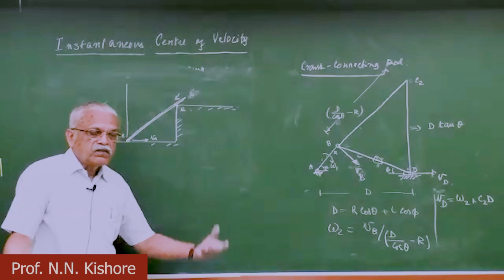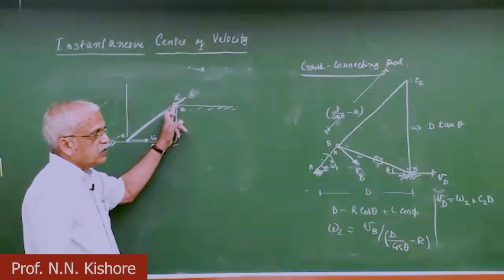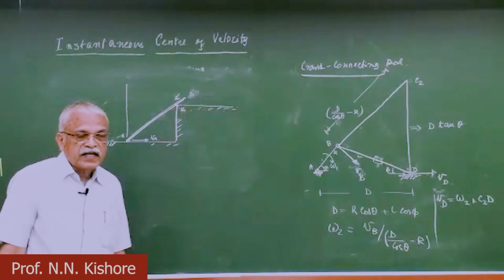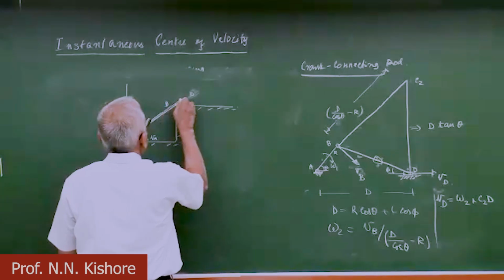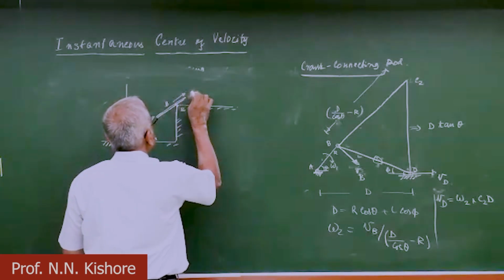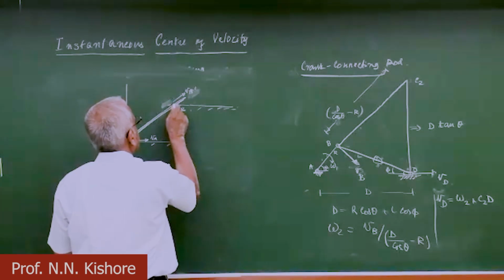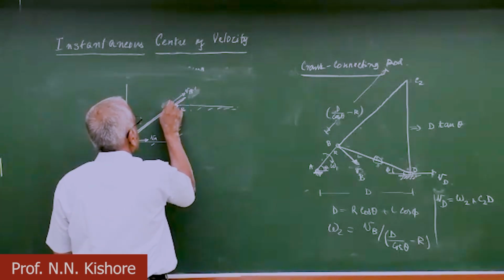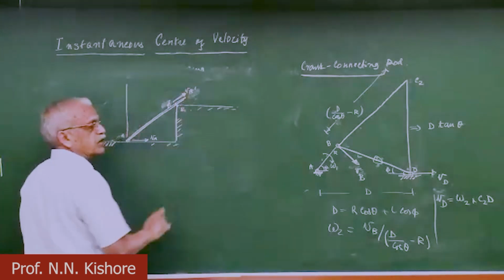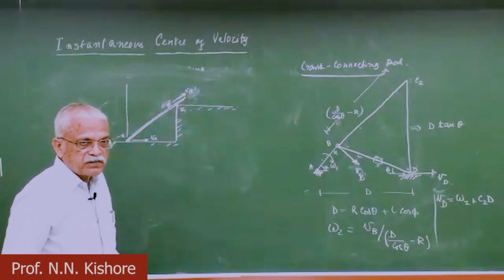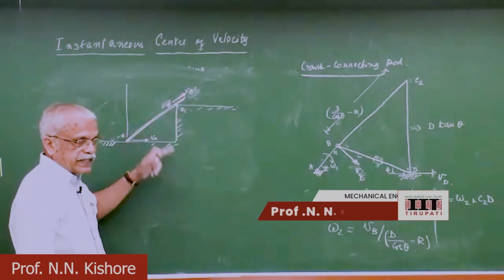Now you can even reverse it. You can fix B, and then at this point the rod will be moving in which direction? The point B will be moving in this direction, so the VB prime is like this. This is B prime, and it is in this direction, because B has to move with respect to B prime along this direction.